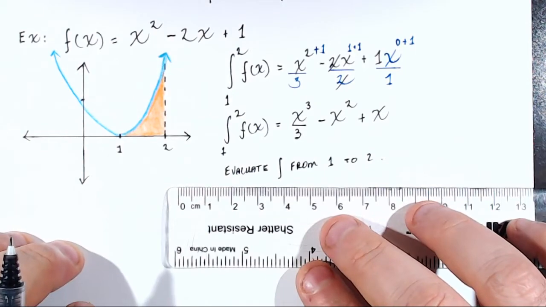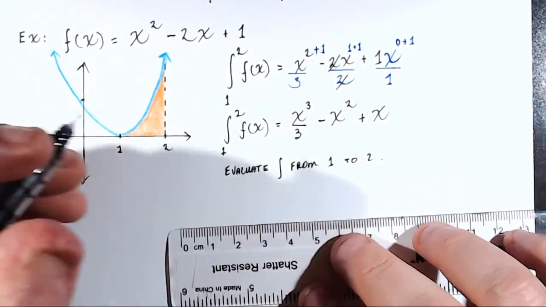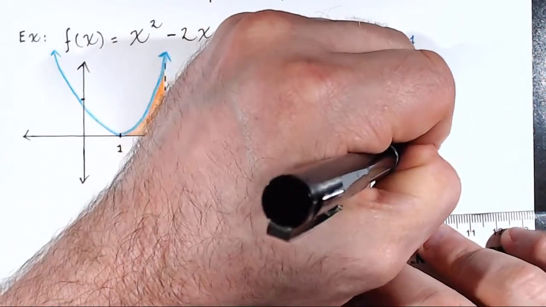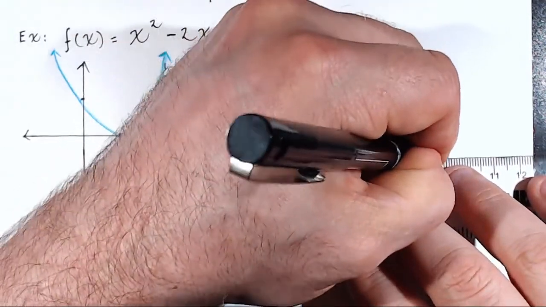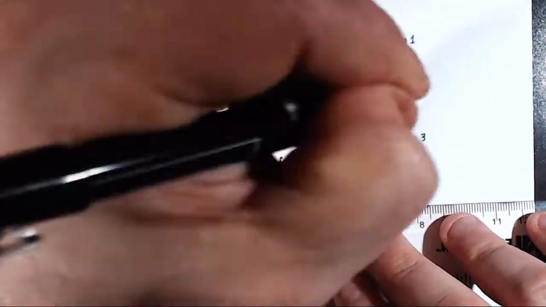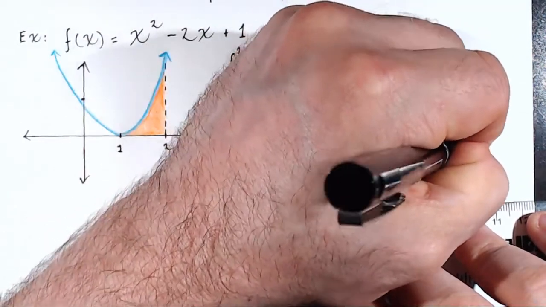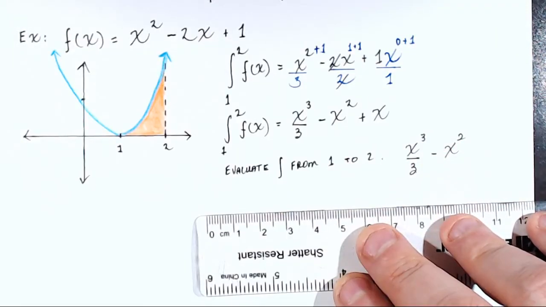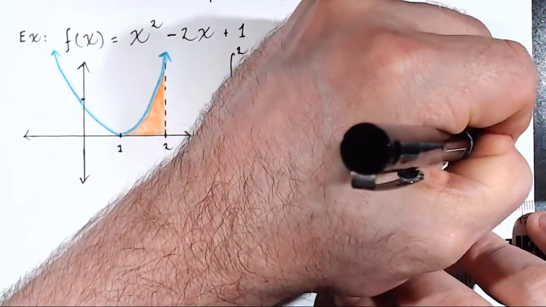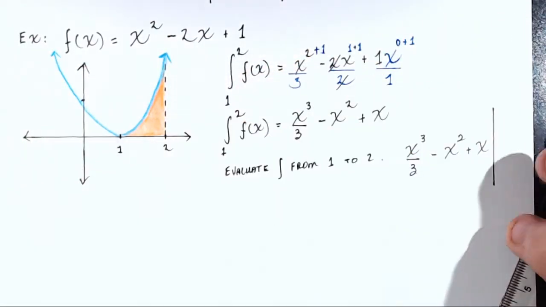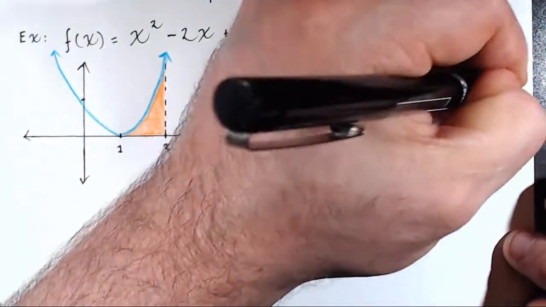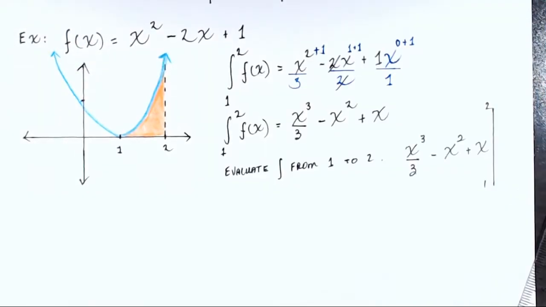I've got to evaluate that integral from 1 to 2. And what that looks like is x cubed over 3 minus x squared plus x evaluated, this line here, from 1 to 2.